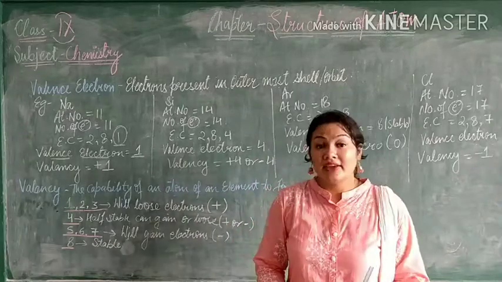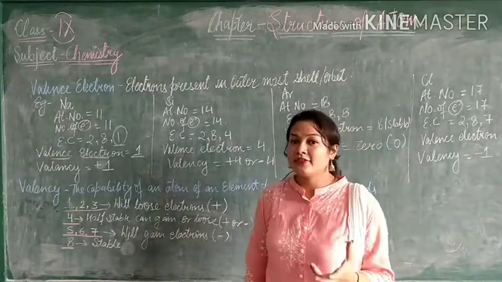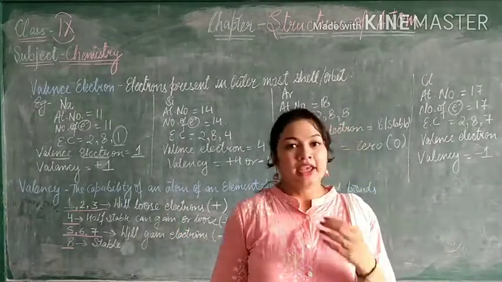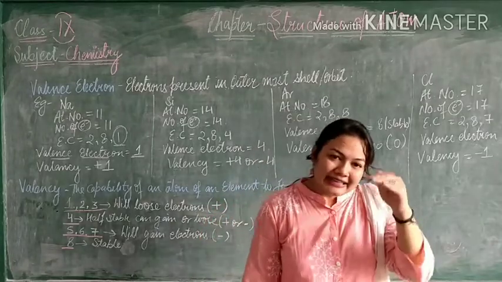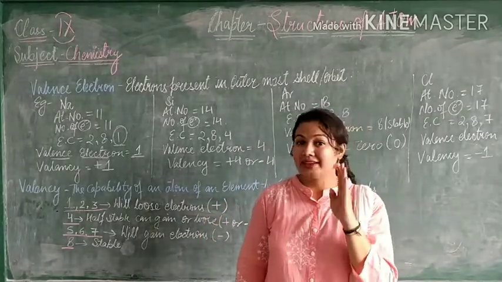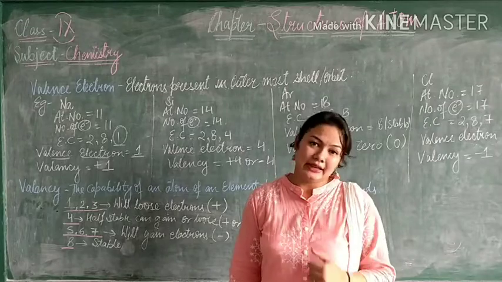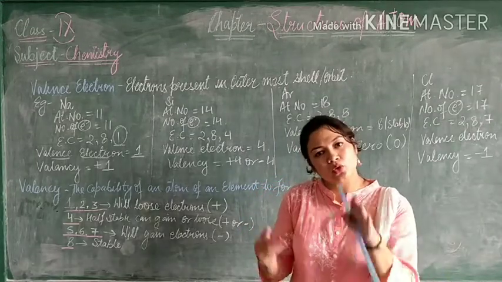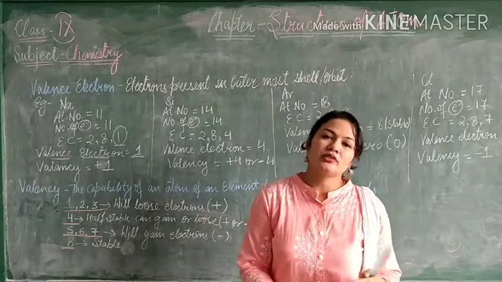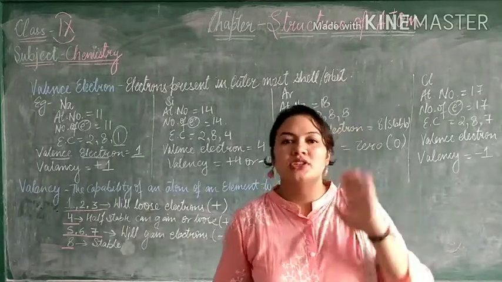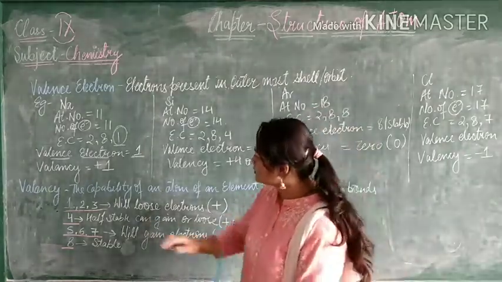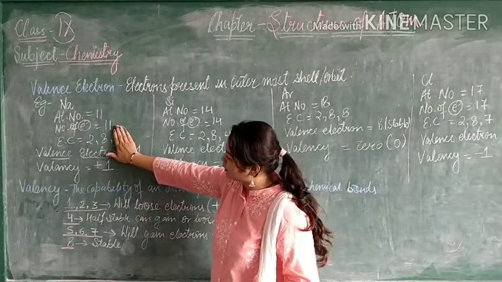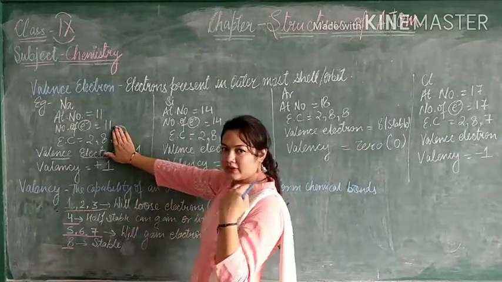But if the atom has fewer electrons, not 8 in its outermost shell, it must have 2, 3, 4, 5, 1, 2. So what will it do? Maybe it will lose its electron. Lose means to give.